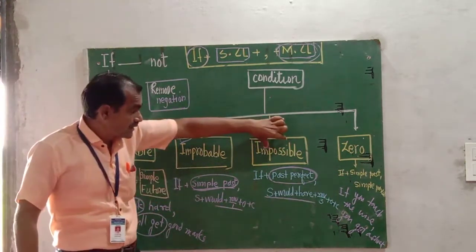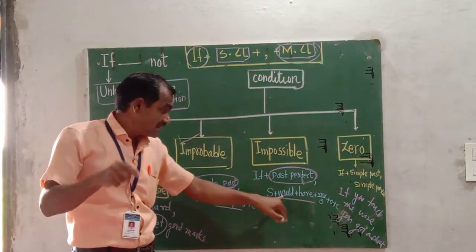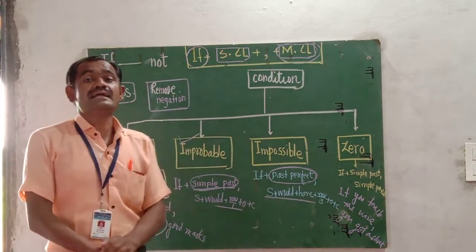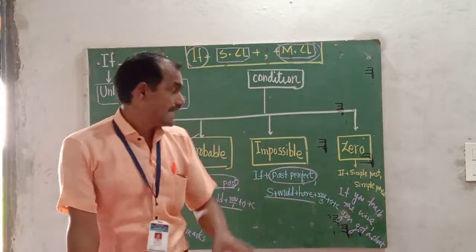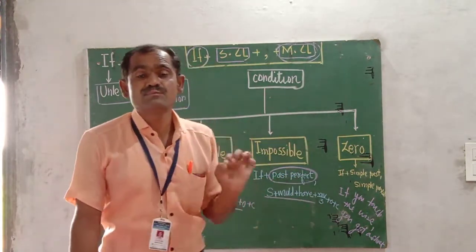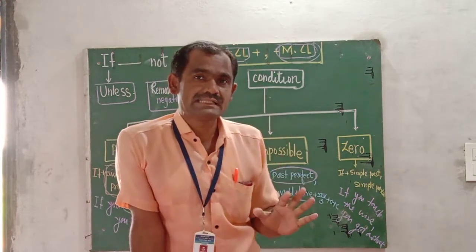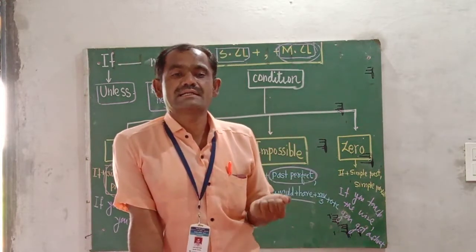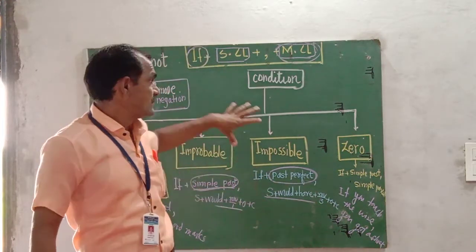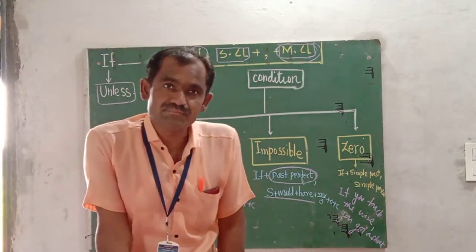In the impossible condition, past perfect is coupled with subject, would have plus V3, object plus complement. And in the zero condition, both tenses are simple present. In this way we can classify these conditions under four categories, and we have studied the conditions and their examples.